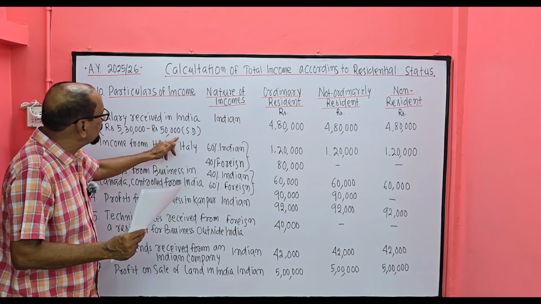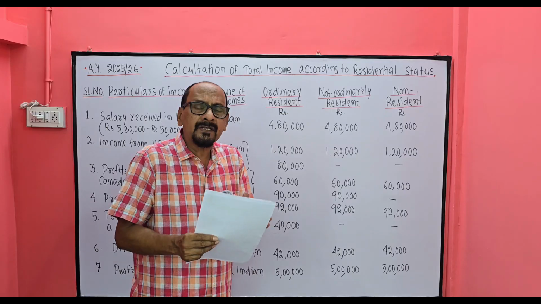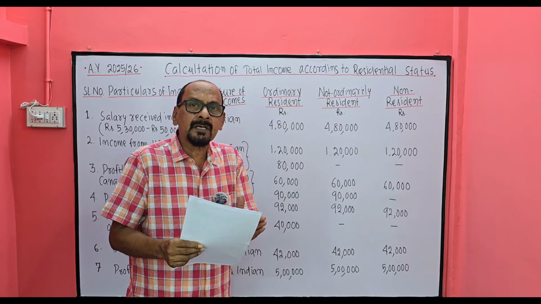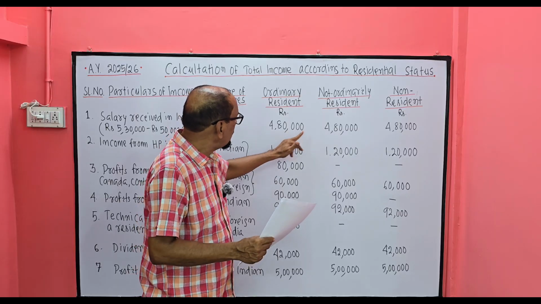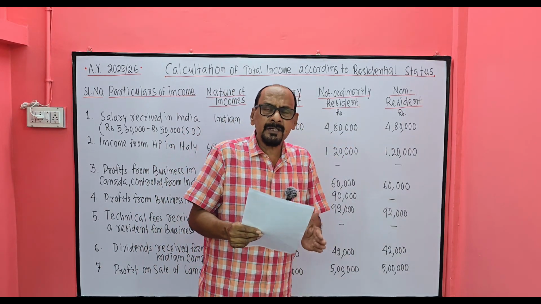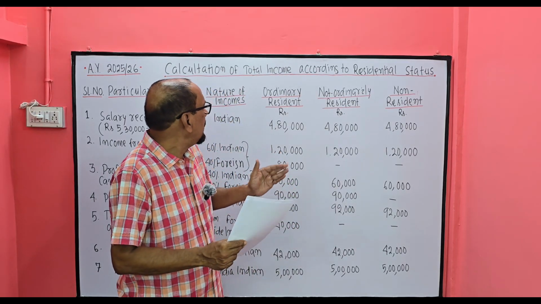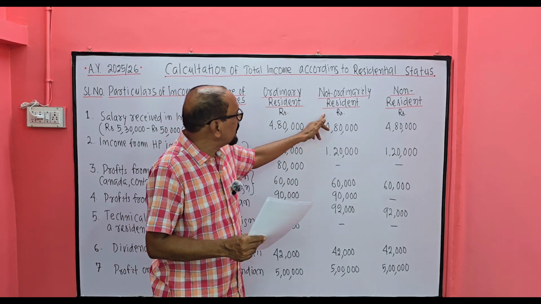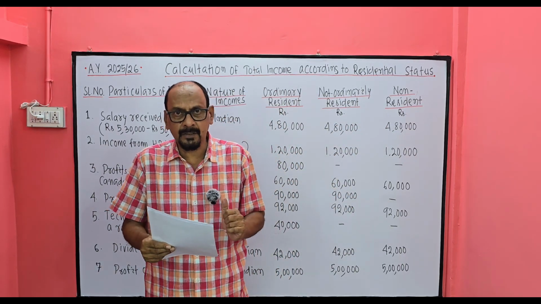As it is an Indian income, it is taxable in all three cases: 4,80,000, 4,80,000 and 4,80,000, that is, ordinary resident, not ordinary resident and non-resident. So that is the first transaction.